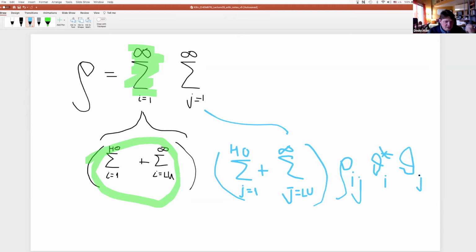Right? Now, what if I'm really emotionally attached to summation from 1 to infinity, but I still want to take into account the difference for orbitals below HOMO and above HOMO?